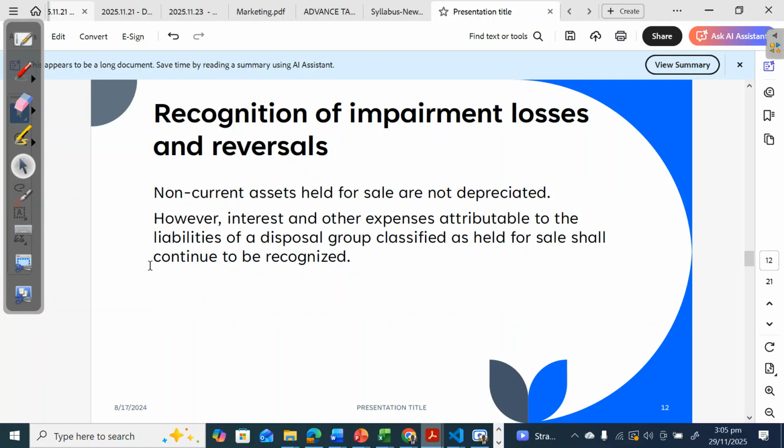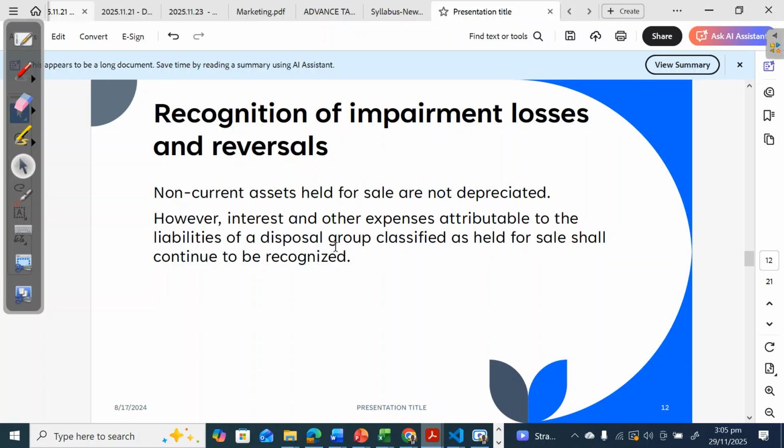Another important point: non-current assets held for sale are not depreciated, like we explained earlier. However, interest and other expenses attributable to the liabilities of a disposal group classified as held for sale continue to be recognized.